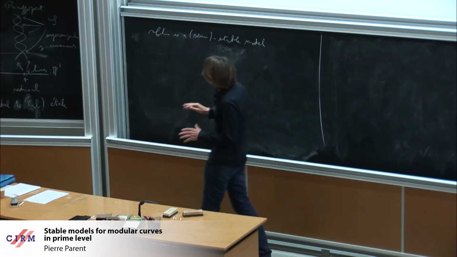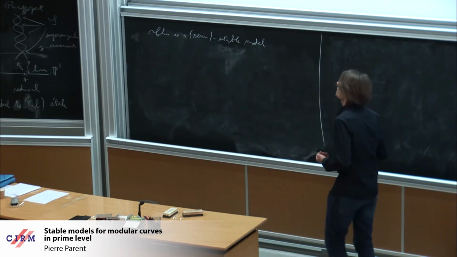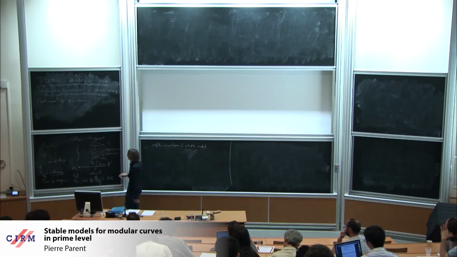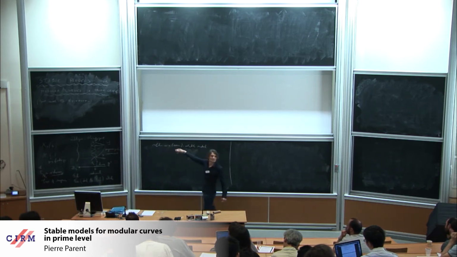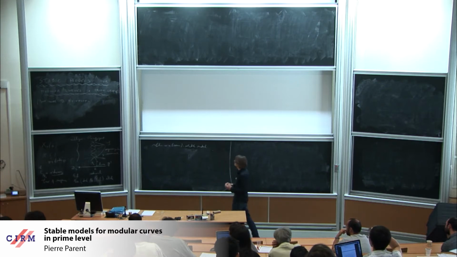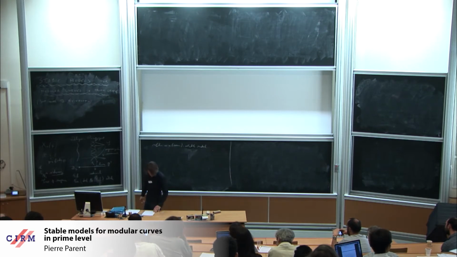So it's a more technically demanding condition, but the key point for us will be that the singularities have a good shape, and in all the cases we will meet, the curve will be stable. So we will not distinguish a lot between the two properties. So unless the level is very small, the semi-stable objects are stable.